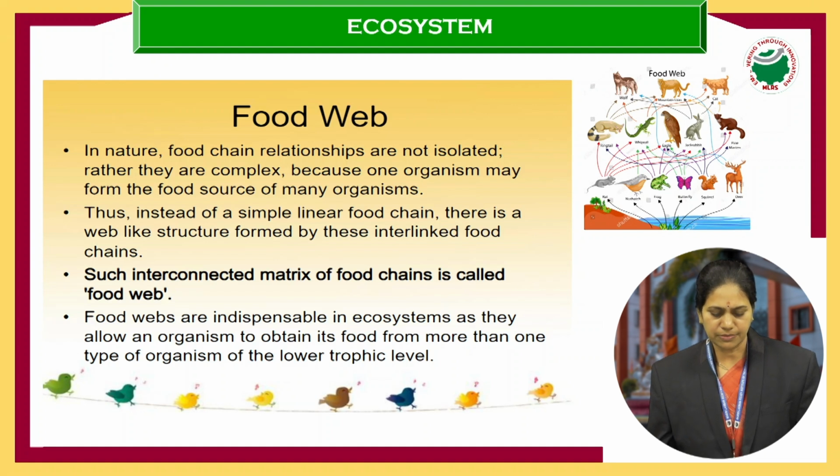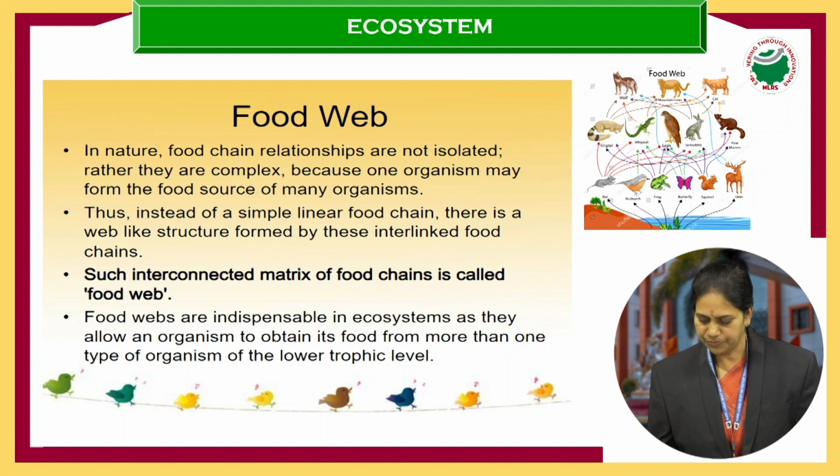So that is the reason it is so complex. It's not always a linear food chain. You can see here, instead of a simple linear food chain, there is a web-like structure formed by these interlinked food chains, or an interconnected matrix of food chains. We call it a food web.